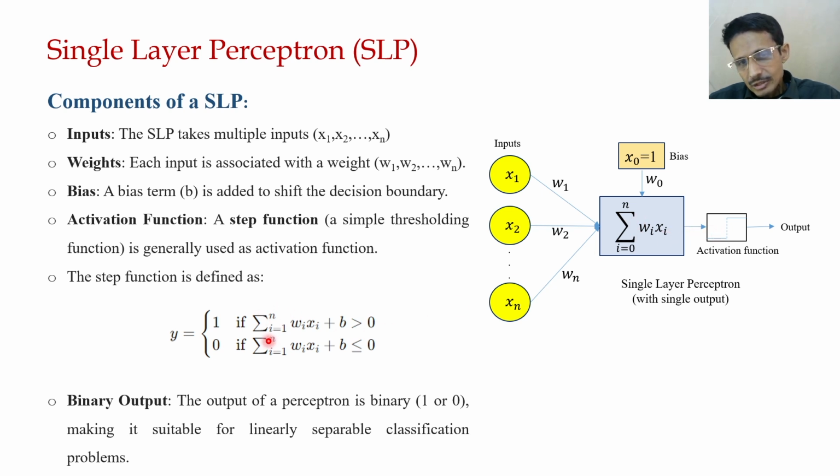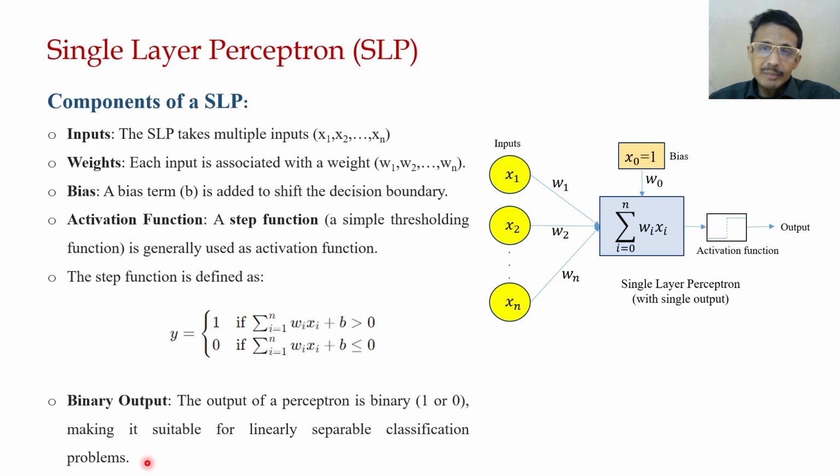That means if this summation is greater than 0, the output will be 1. If it is less than or equal to 0, then it is 0. So that is the output. This is a binary output, and it is used for binary classification. The output of the perceptron is binary, making it suitable for linearly separable problems.